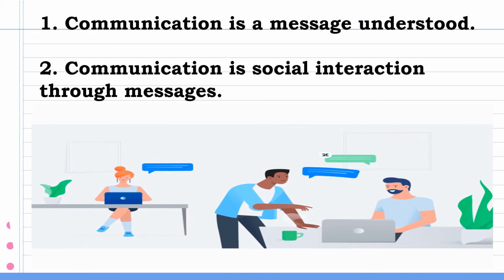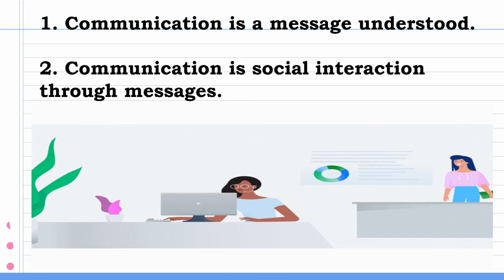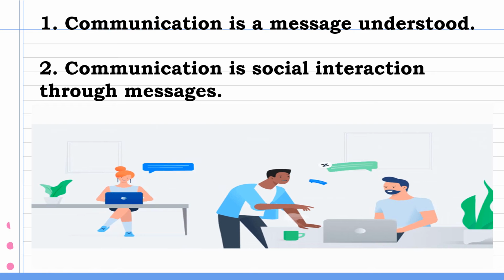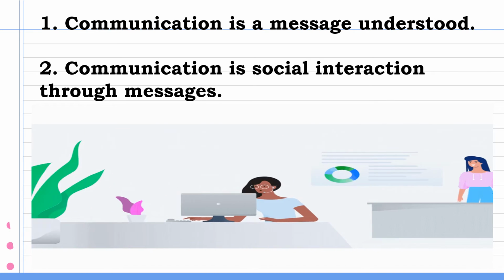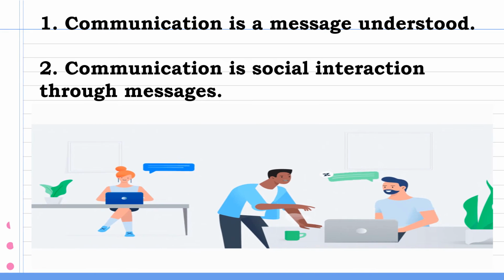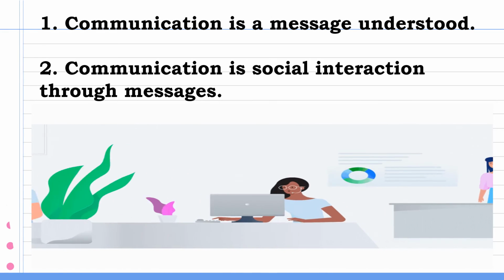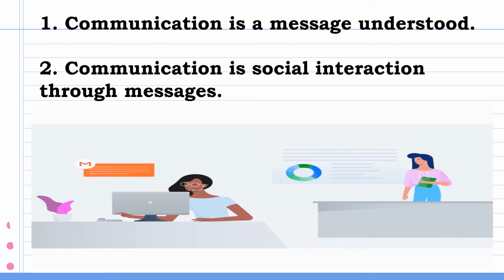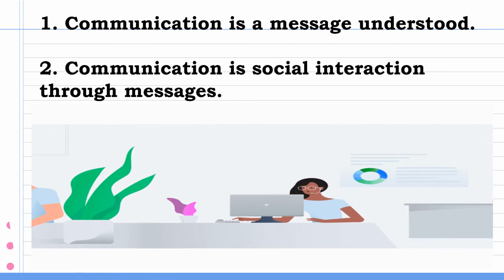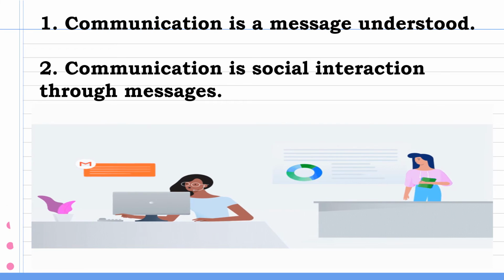Or think of a family living in the same house without speaking to each other, or relating any form of message to one another. Such a situation can be very lonely and problematic. Without communication, all forms of human relationships will vanish and die. Communication is therefore crucial in building and maintaining relationships.